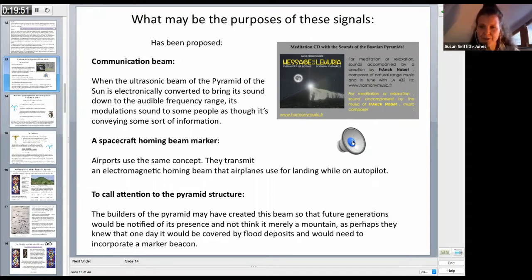I'm going to play you just a short while of the sound, just so you can hear, as I mentioned here, this possibility that some information is being conveyed.